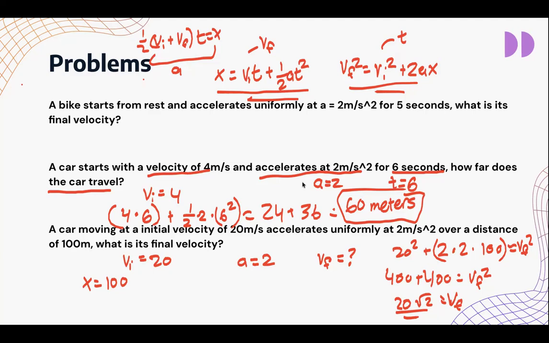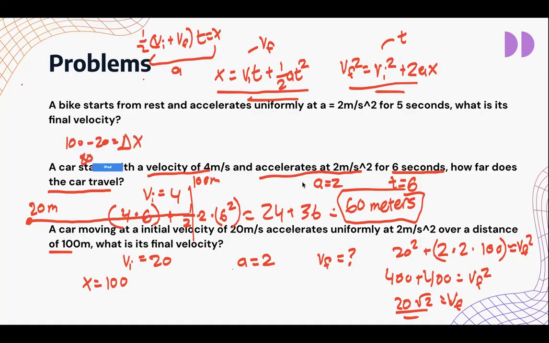If this problem instead said that this car started at the 20-meter mark of a track, and it crosses the finish line, which is the 100-meter mark, and you're trying to find the final velocity at the 100-meter line, you're just going to do 100 minus 20, and that is the delta x.